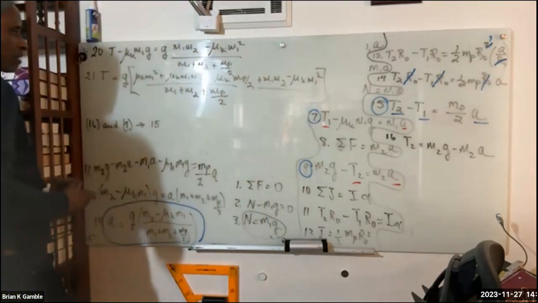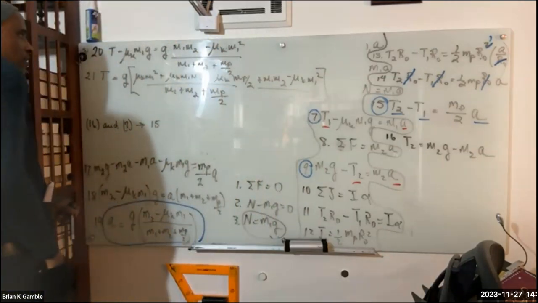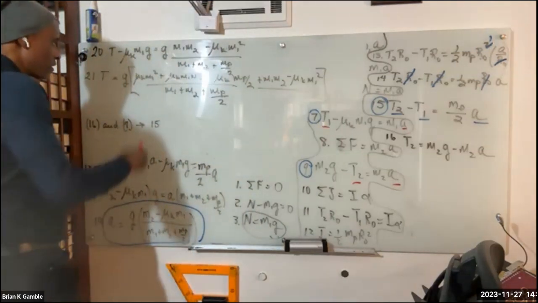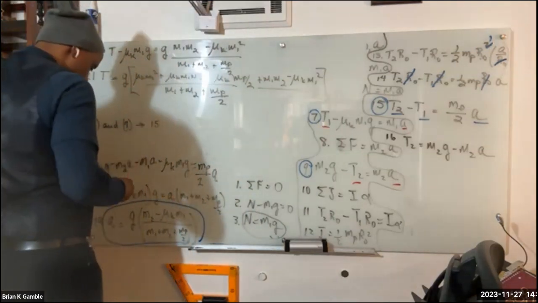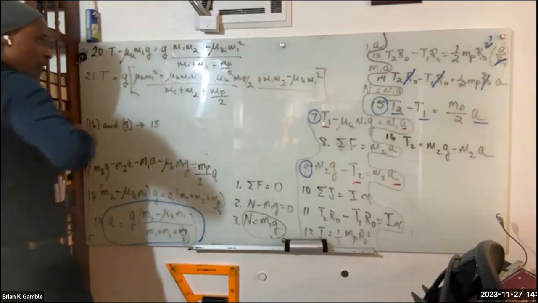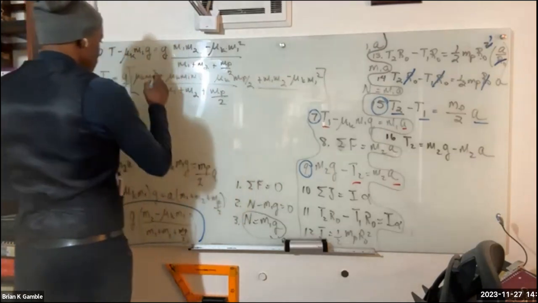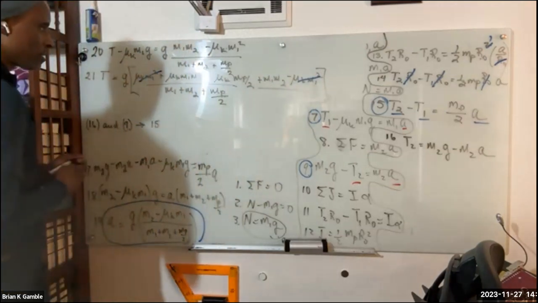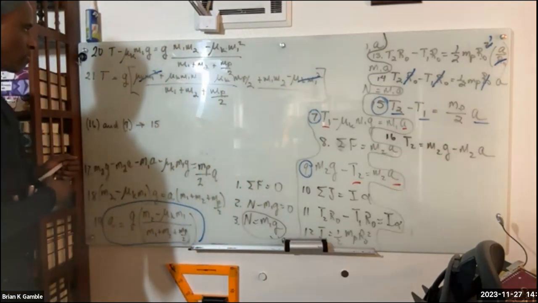So that looks better because now I can see that this term cancels with that term. You expect something like that. Now, the rest of this I can factor out.